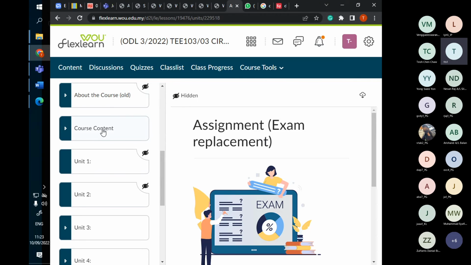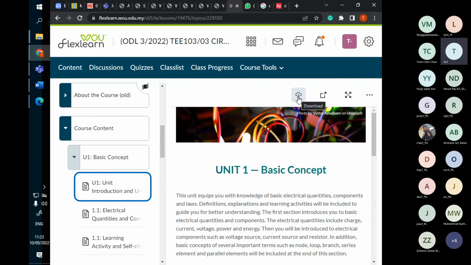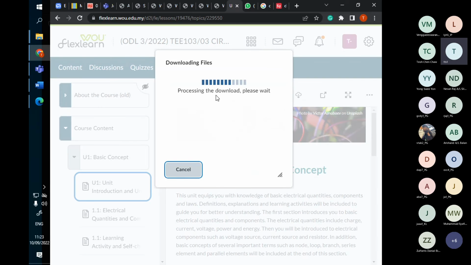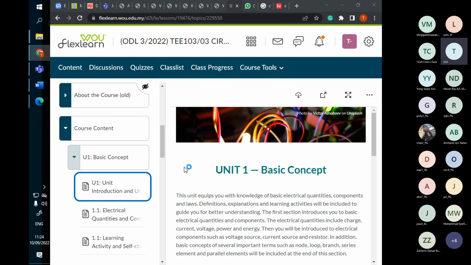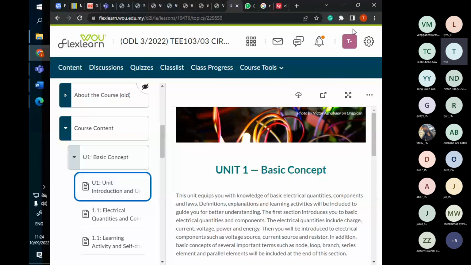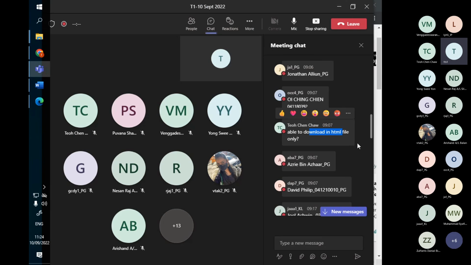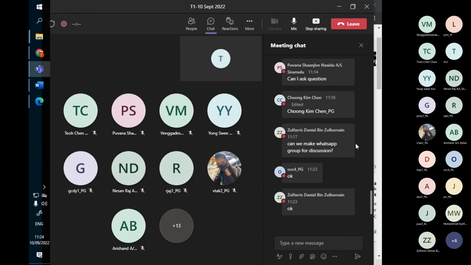When I click on the course content here, on this download icon, I get a PDF file. Actually, it's a zip file. Okay, but this is the introduction, it's not a topic. I think we shouldn't have any issue with downloading this content.